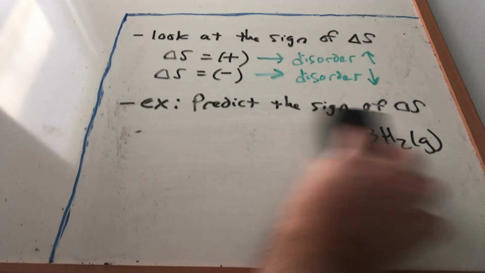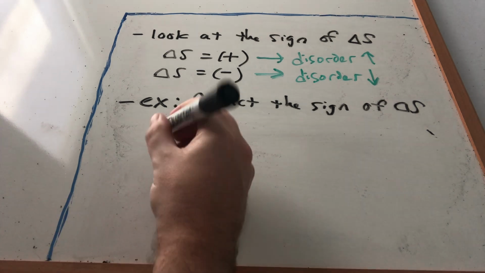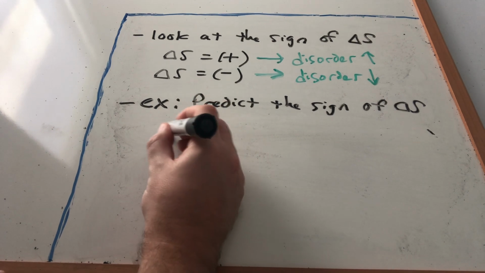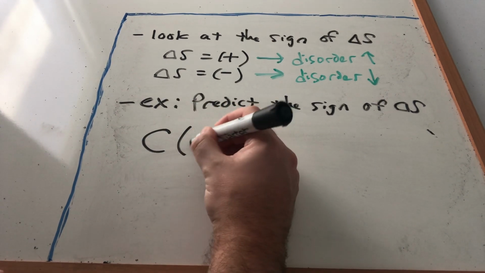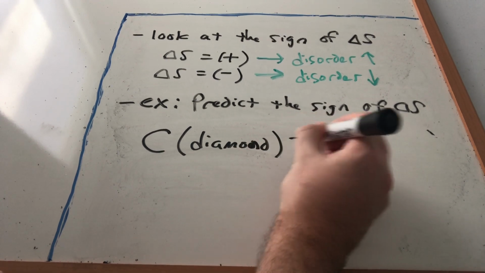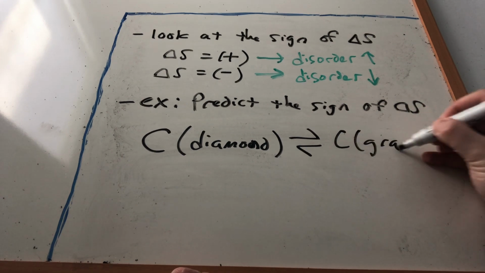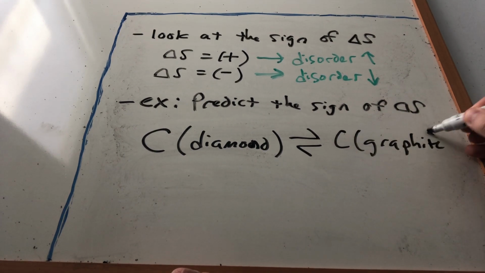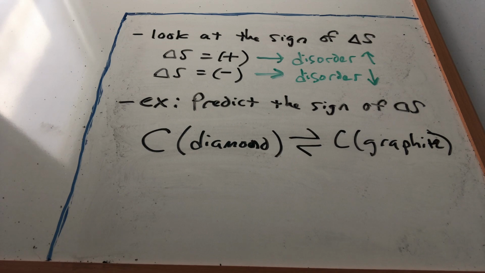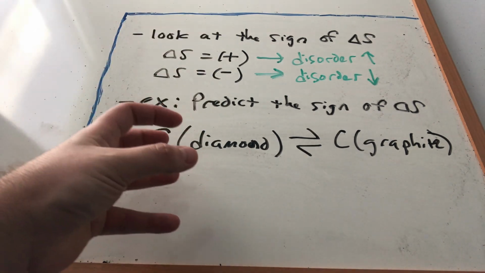So let's just do a couple more examples, because there is a bank of problems that you'll have to do where you'll have to be really comfortable with this. So what about a state change? What about carbon in a diamond form going into carbon in a graphite form? Diamonds are these crystals. They're ordered.